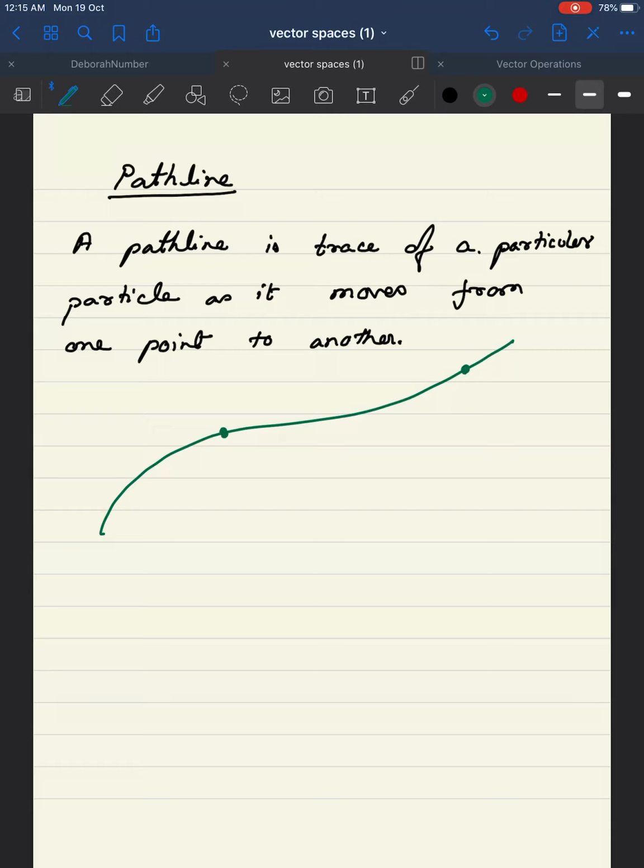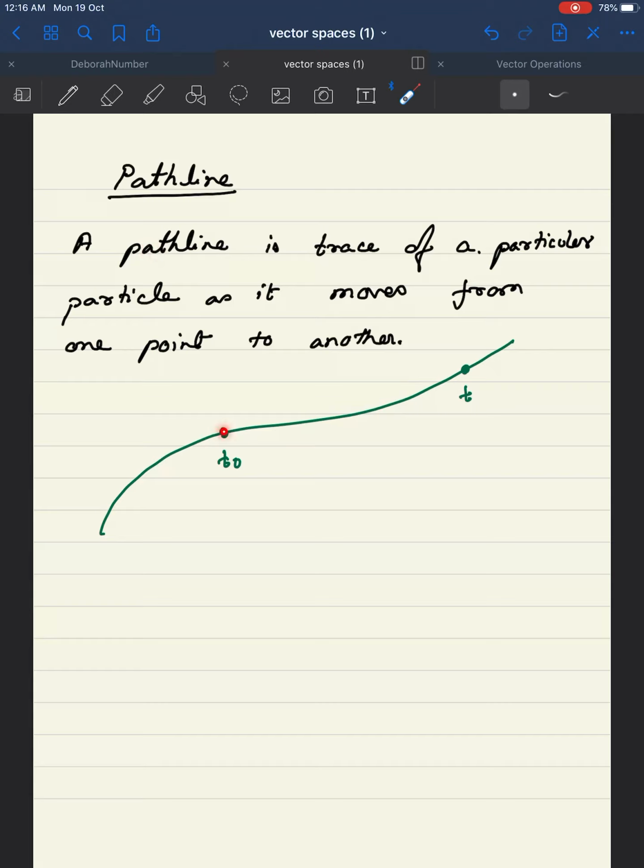So at some time t naught, the particle was here. At some other time t, the particle is somewhere here, but it basically goes through this. This is now the trace of the particle itself. Obviously, this particle is the fluid particle.